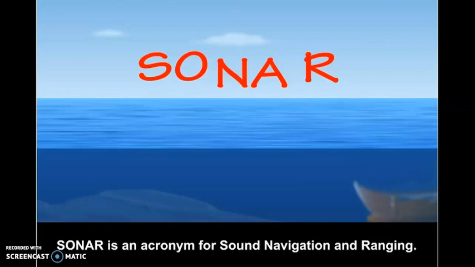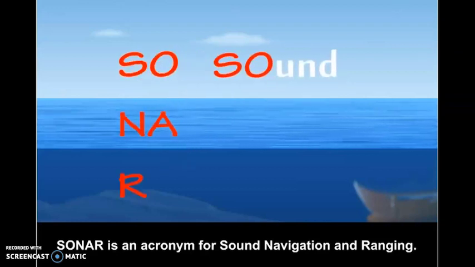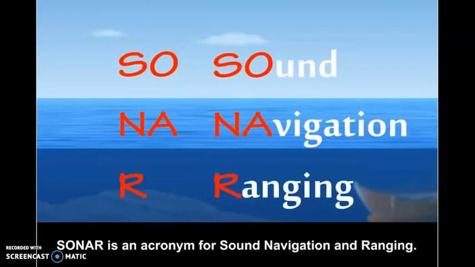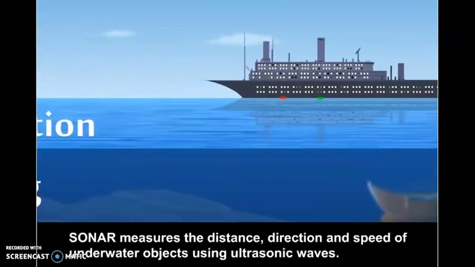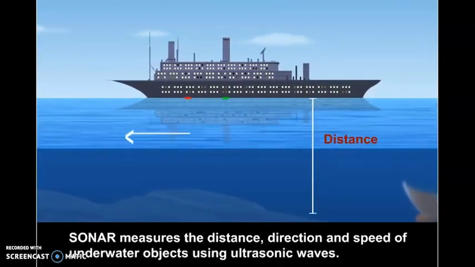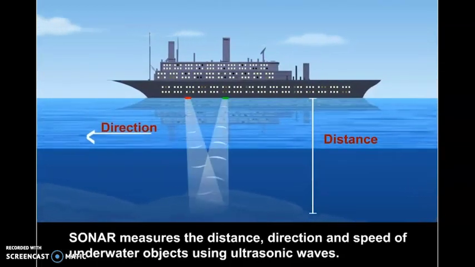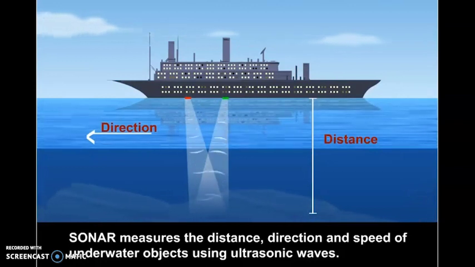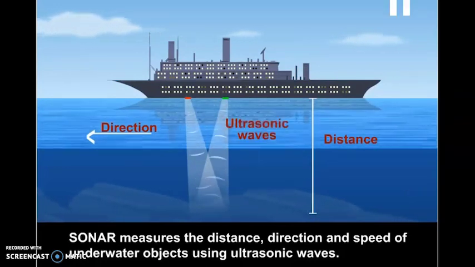It is used to determine the direction, distance, and speed of underwater objects with the help of ultrasonic sound waves. Sound navigation and ranging. Remember this. Sonar measures the distance, direction, and speed of underwater objects using ultrasonic waves.